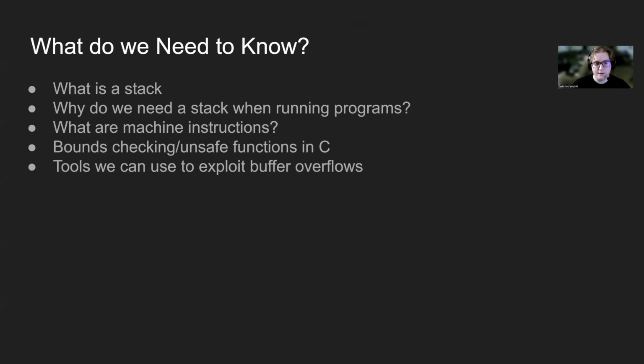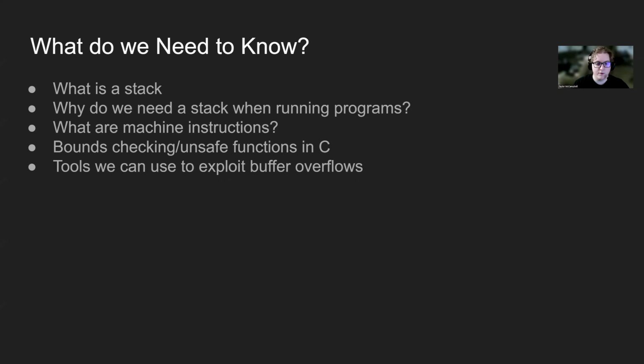So what do we need to do to be able to do a buffer overflow? The first thing we need to know is information about this data structure called a stack, and then how a stack is used when we run programs. We need to understand what machine instructions are and how they're used in programming. We need to understand that there are certain functions in C that are unsafe because they don't do bounds checking.